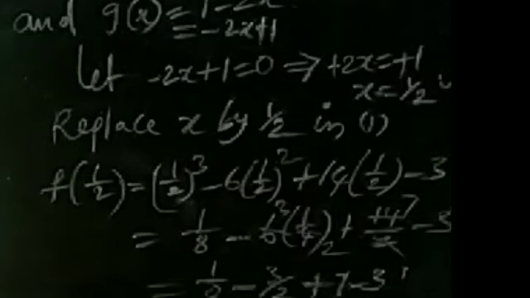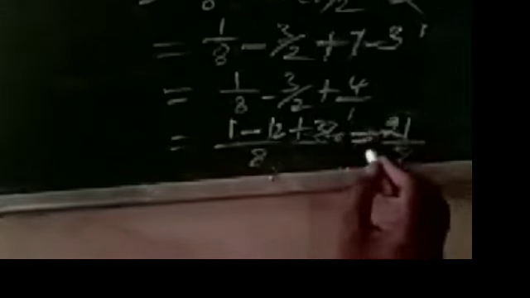And again, LCM is 8. Remainder is 21 by 8. So in this process we got 21 by 8 as the remainder.